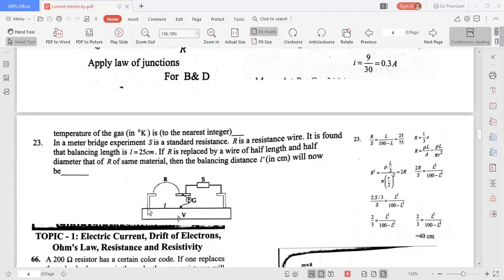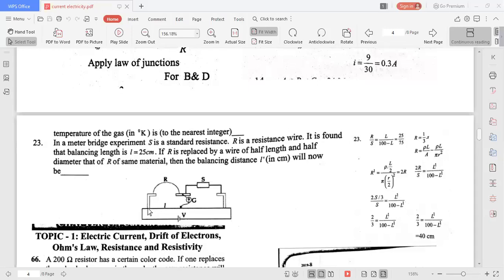Here you see, in the meter bridge experiment, S is the standard resistance, R is the resistance of the wire. It is found that the balance length is 25 centimeter when the resistance of the wire is connected in the left gap. If R is replaced by a wire of half the length and half the diameter that of the R of same material, then the balancing length is dash.